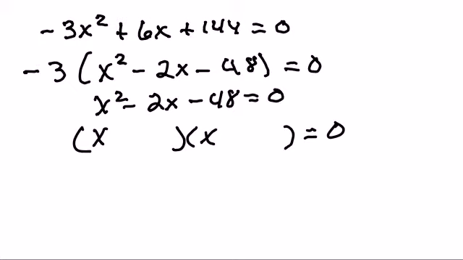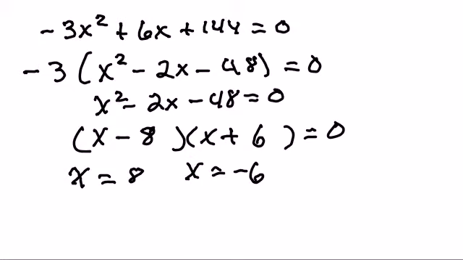I know I have x and x, and since the sign of the last term is negative, I have to have one of each. I can get 48 several different ways, but there's only one way that will give me negative 2, and that would be negative 8 plus 6. That gives me my negative 2. So I'm looking at x equals 8 and x equals negative 6.